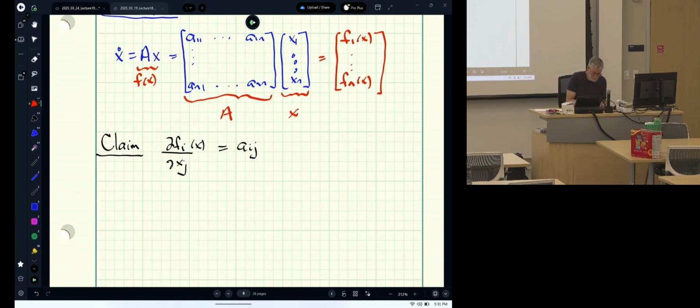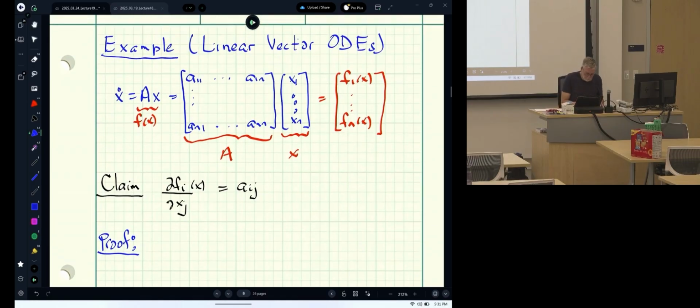Okay. So what is the ith row here? Because I'm going to take its partial derivative with respect to x_j.